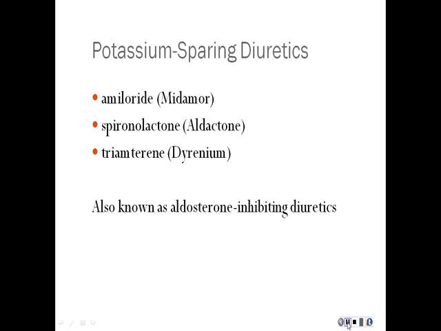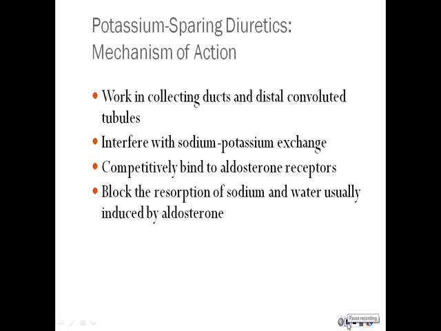Quite frequently we see spironolactone, or Aldactone. This is the most commonly used medication, but triamterene is pretty frequently used as well. They are also known as aldosterone inhibiting diuretics, and that's because they block the aldosterone receptors.